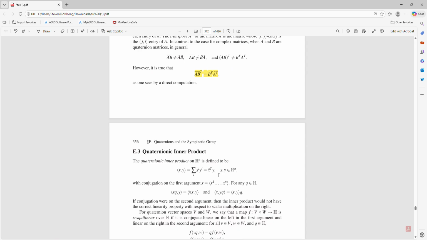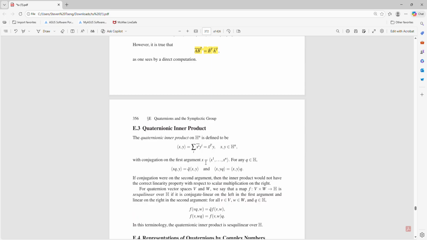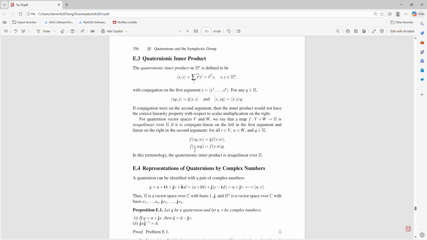Next, we will talk about the quaternion inner product. Just like the inner product we learned in linear algebra, we define the quaternion inner product by this equation, and it has these two properties.